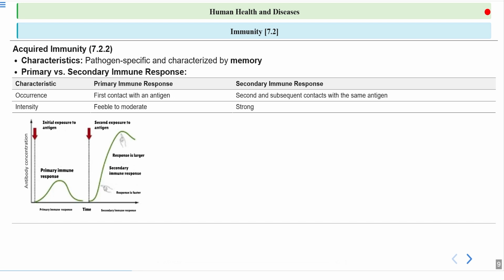So take a look at this diagram. It visually shows the difference between the primary and the secondary immune response. You can see the primary immune response, the first response, is slower and weaker, while the secondary immune response is much faster and stronger, thanks to the immune system memory cells.